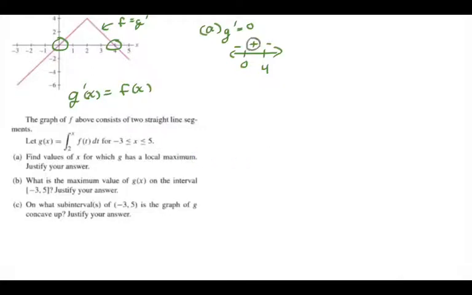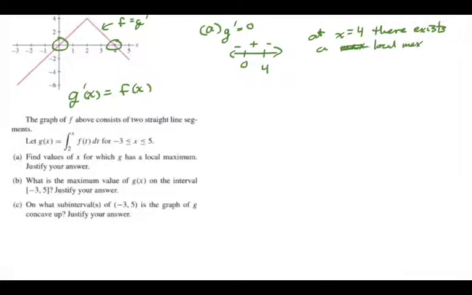Because we're going up then down for g, we know there's a maximum right there. So at x equals 4, there exists a maximum. Actually, not just any max, a local max.